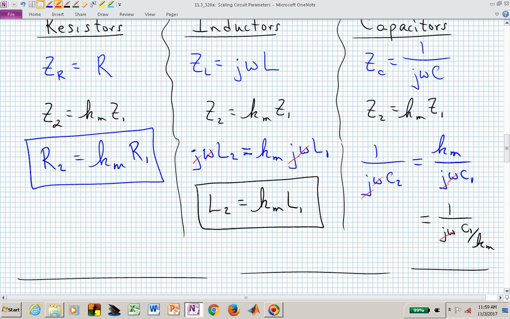So that now if we compare pieces in that expression, hopefully you can see that C sub 2 is equal to C sub 1 over k sub m if we magnitude scale the capacitors. So there's the magnitude scaling piece.